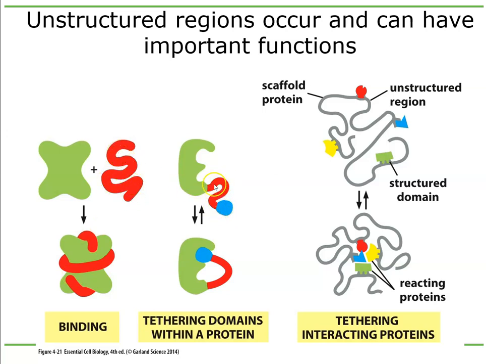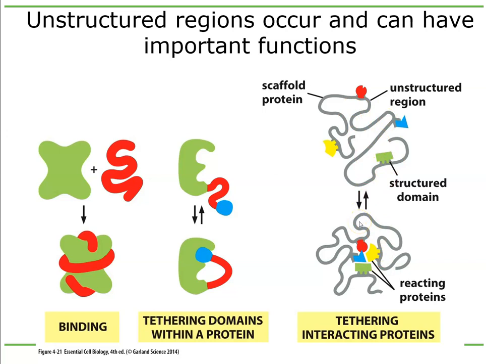The same with things that are tethered. Maybe this needs to be activated or something has to happen, but it's obviously close by. So then once something activates this protein, it can bind into a new structure that is active. You can see this is an example. It looks like spaghetti with these different domains. And then if we have an interacting protein or something that tethers it and allows it to interact and changes the structure, we can then allow this to function properly.